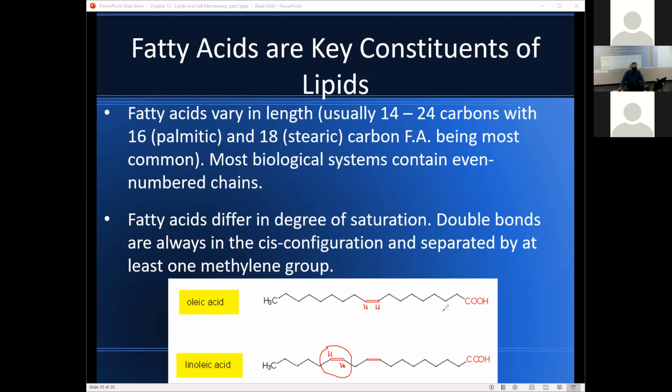Again, I'm thinking back like maybe 15, 20 years ago, Oreos were one of the things that were notorious for having a lot of trans fats in them. Again, that's not a problem anymore. I don't think there's any foods out there that still have trans fatty acids. But again, always on these double bonds, we're always going to find the hydrogens in the cis configuration.